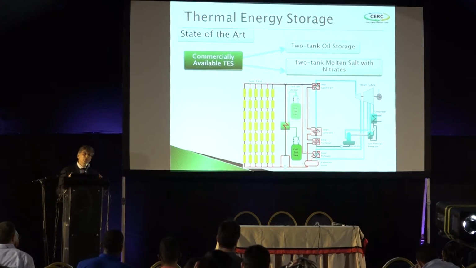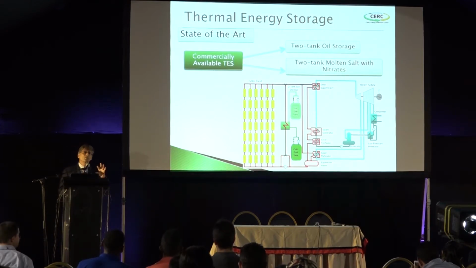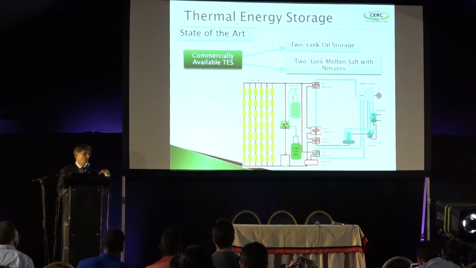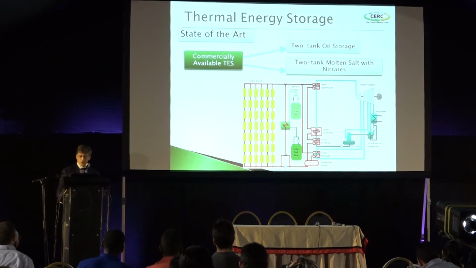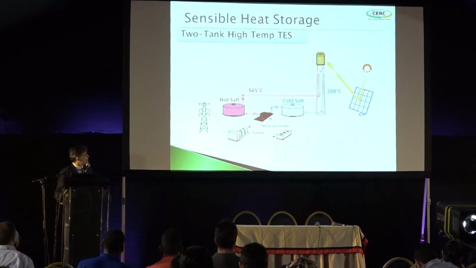So you need to have 2 tanks. This is a sensible heat storage system. So this is the present system, and the cost of the present system is about $40 a kilowatt hour thermal capital cost.